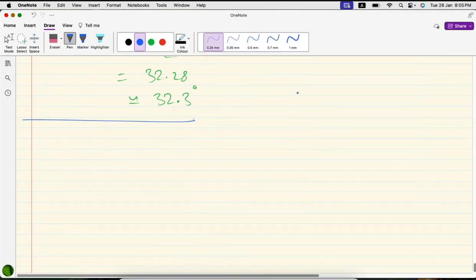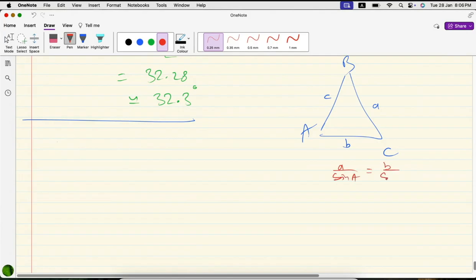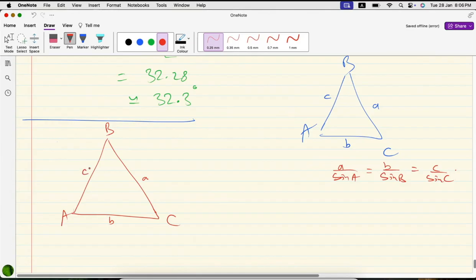As we already discussed in sine rule, it works in pairs. This is A, B, C, small a, small b, small c, and this is a over sine A, b over sine B, c over sine C. Similarly, this will again work in pairs: capital A with small a, capital B with small b, capital C with small c.